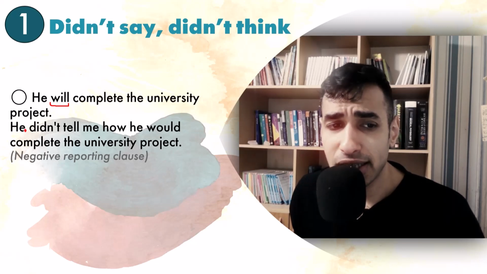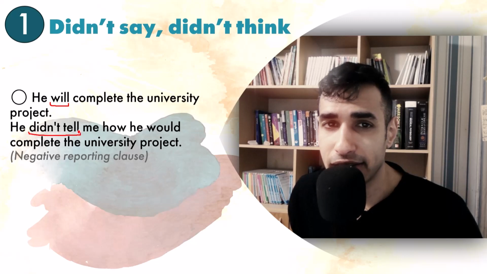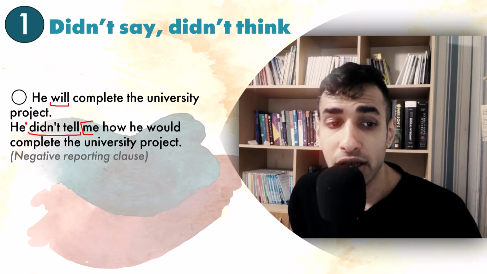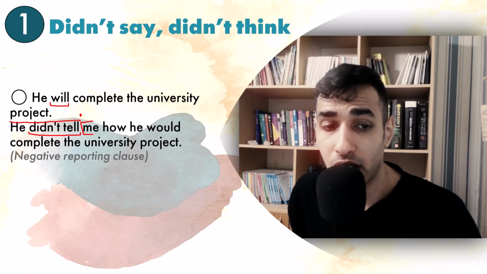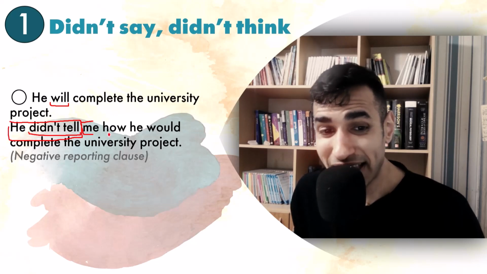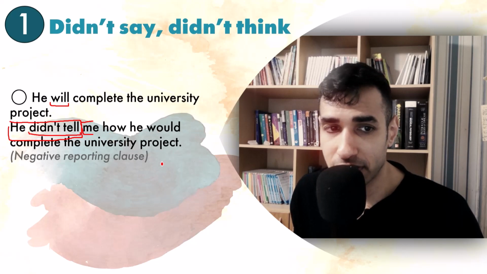He didn't tell, a negative reporting verb. He didn't tell me how he would complete the university project. Negative reporting clause. So my statement is positive, the reporting clause is negative, the reported clause is positive.